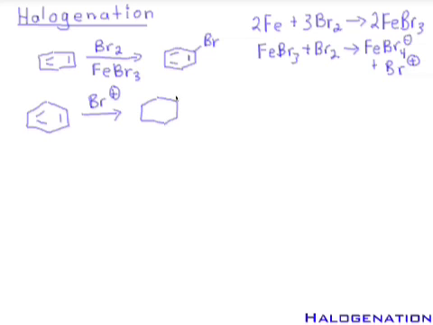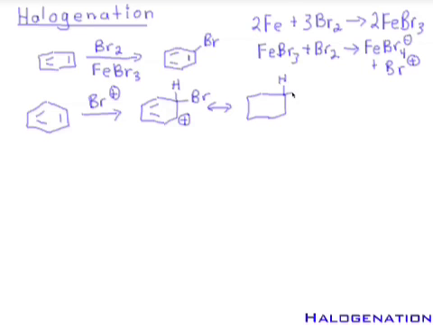Now, you'll notice last time we drew, we had an E here. Well, this time it's a bromine. And I get a positive charge here. Now this is resonance stabilized. I will draw the resonance structure this time, but I'm not going to draw it every time because the structures are exactly the same. You're just changing the substituent.